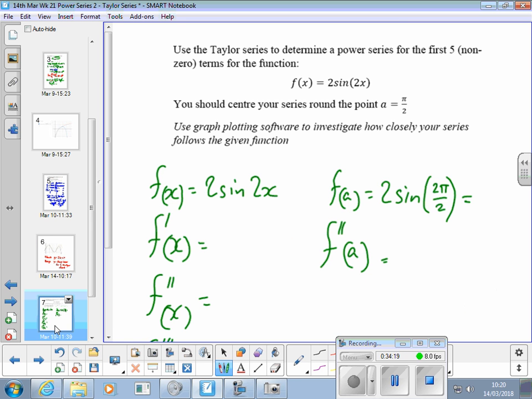How are we doing with the function 2 sine 2x? What is that function equal to when a is equal to pi over 2? What's the result here?